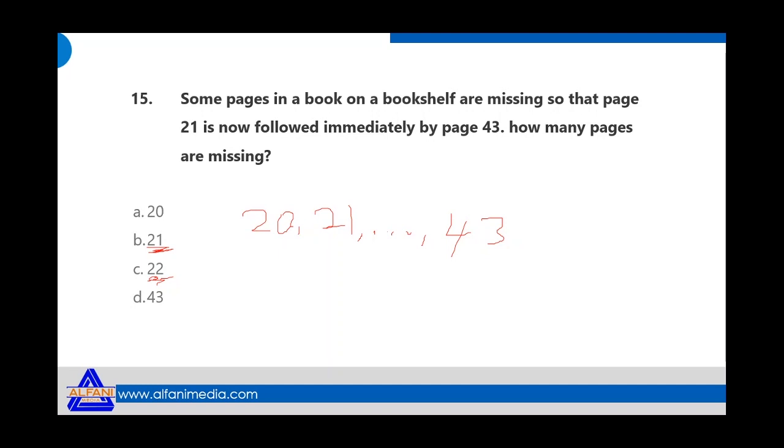When you count from just after 21, you start at 22, so page 22 is missing, page 23 is missing, page 24 is missing. So you count from 22 to 42, and then you know very well the answer will be 21. So the answer there is 21.